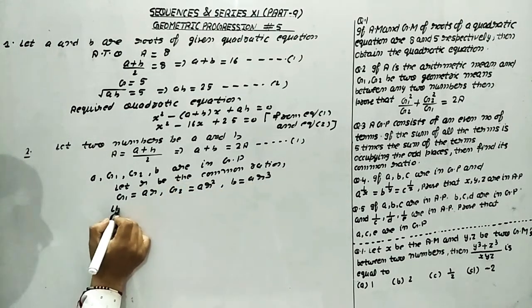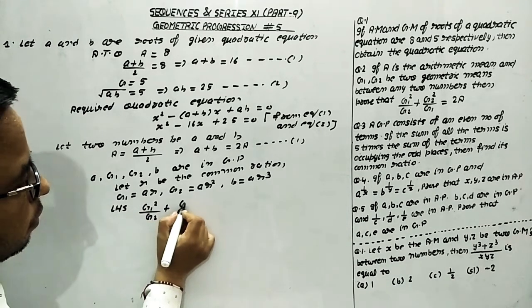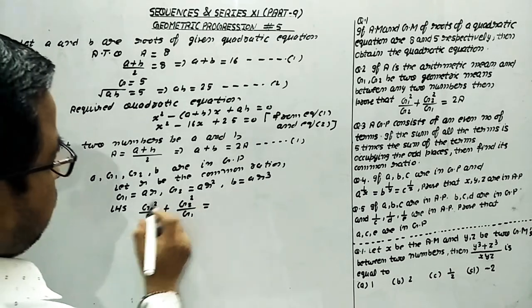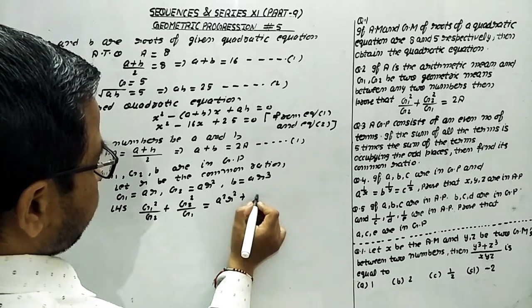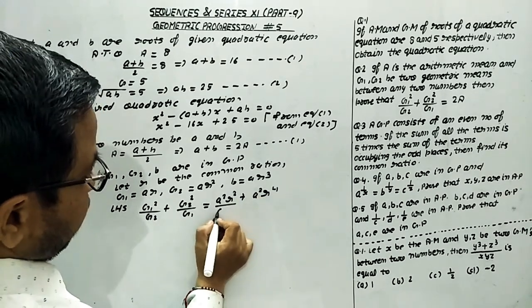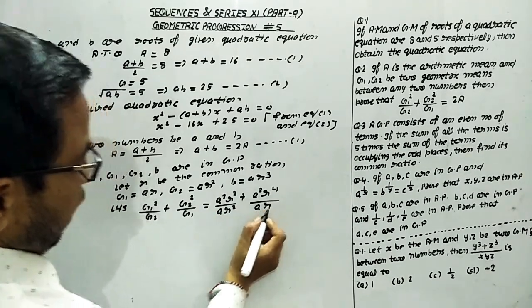Now we will take the left hand side, G1 square upon G2 plus G2 square upon G1. Substitute the values. G1 square means A square R square, G2 square means A square R to the power 4, and upon G2 means AR square, G1 means AR.